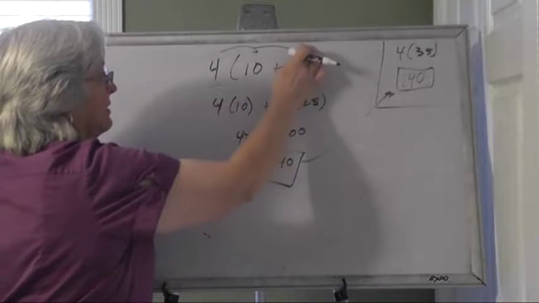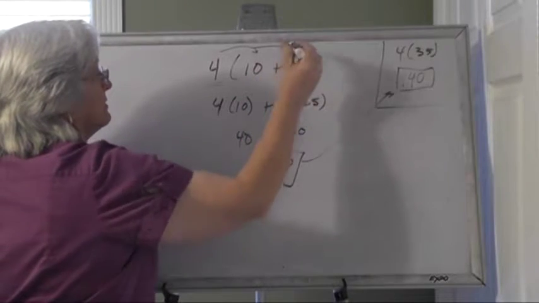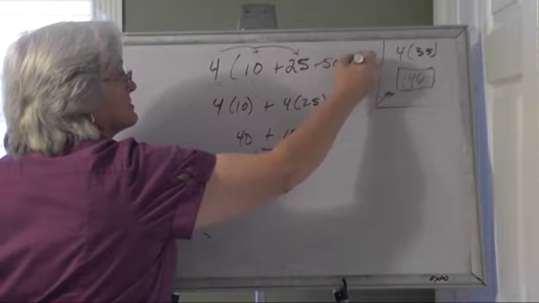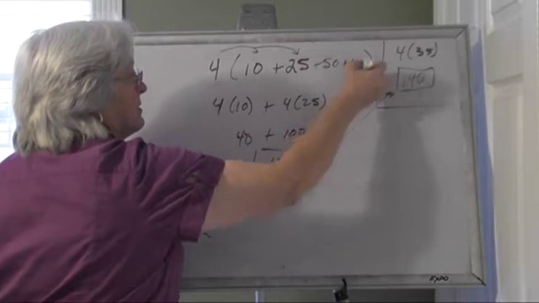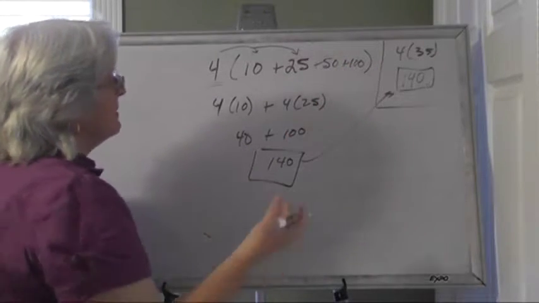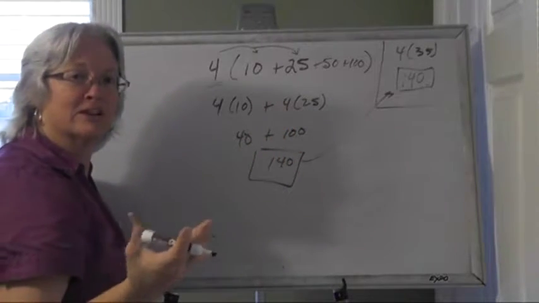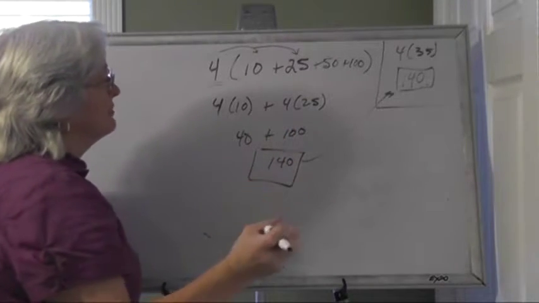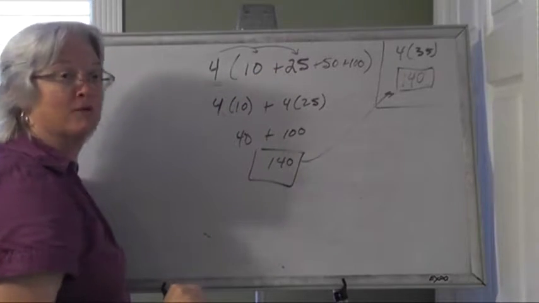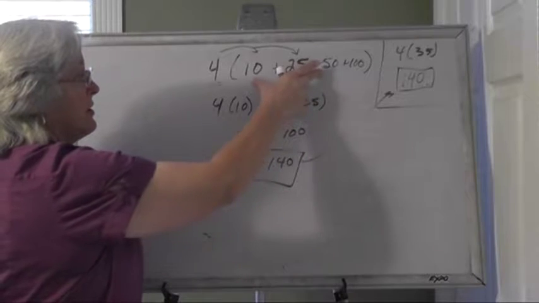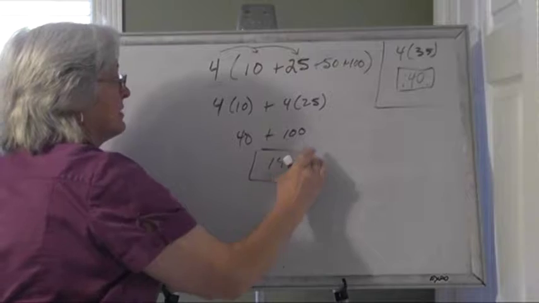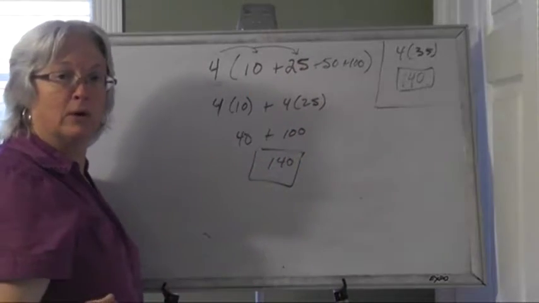We could have had 10 plus 50 plus 100, because we have dollar coins now. We didn't have dollar coins when I was growing up. We did. We had silver dollars and everybody saved them. We have different dollar coins now. If we had 4 times 10 plus 25 plus 50 plus 100, we did our computation of this amount based on following order of operations.